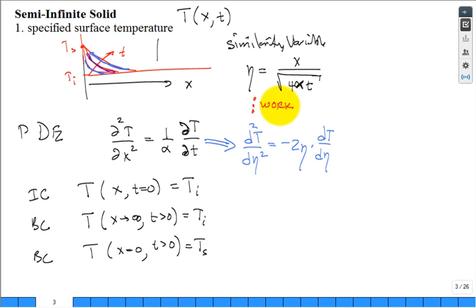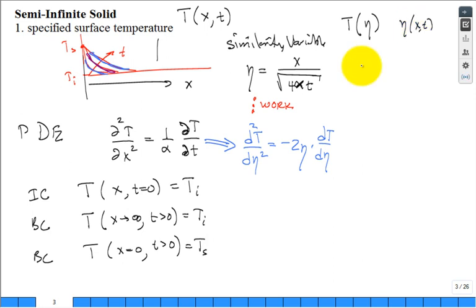But what you do, it's not that hard, is you can sit there and say, the temperature is a function of x and t, like this. But we're going to look for temperature as a function of eta, which is a function of x and t. See that? So it's like temperature is a function of eta, and then eta is a function of x and t.